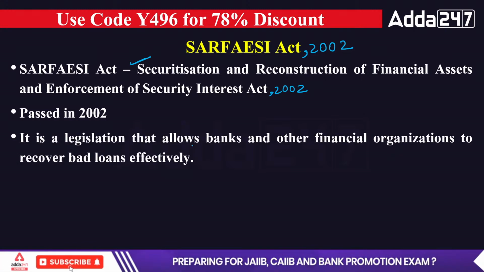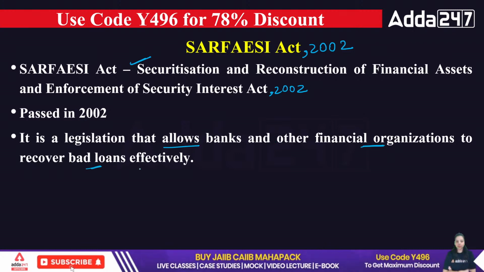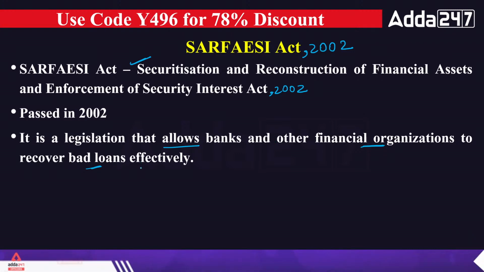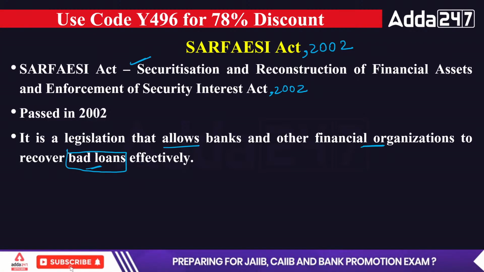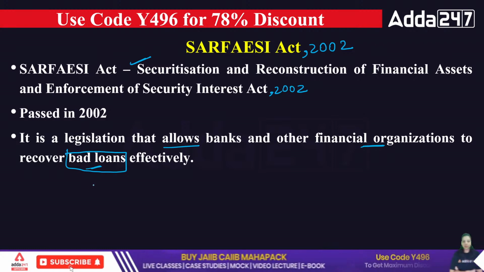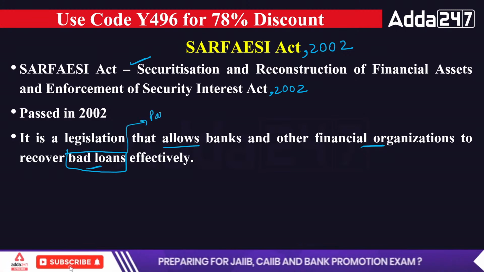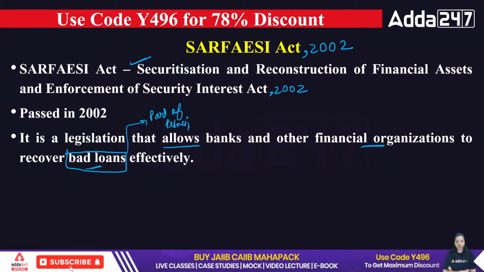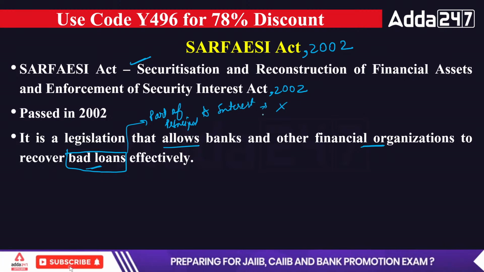It is a legislation that allows banks and other financial organizations to recover bad loans effectively. Bad loans means the loans on which the bank is not getting back the principal amount and the interest amount. A bad loan is a type of loan in which a part of the principal and interest is not coming for a particular period of time.